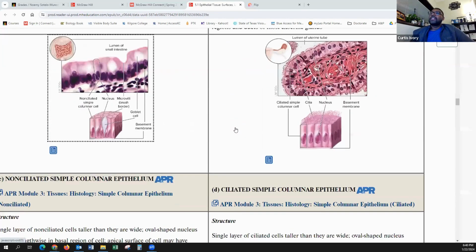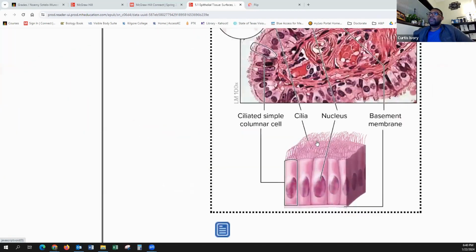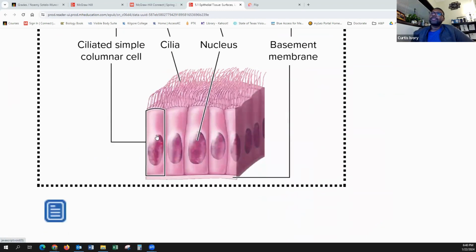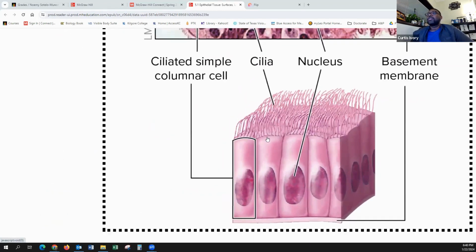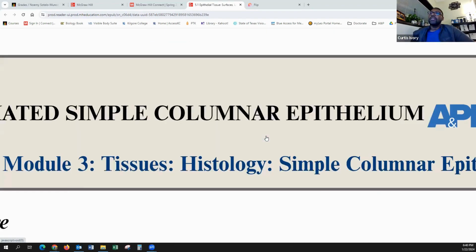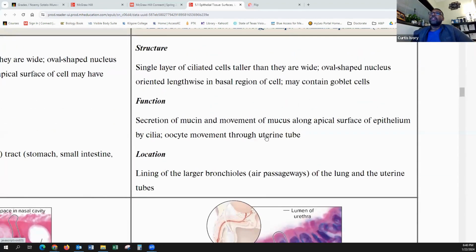Over here we have ciliated simple columnar. Ciliated has those little hairs, and that's what I was saying right here. It has those little hairs that are going to push mucus and things of that nature. When we come down to the function, it's for secretion of mucin, which is essentially the dehydrated form of mucus.